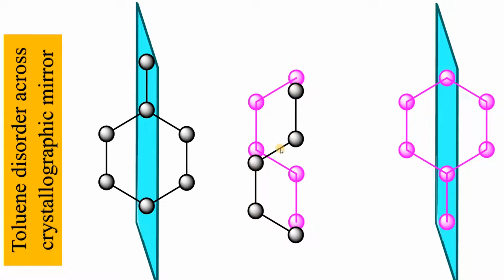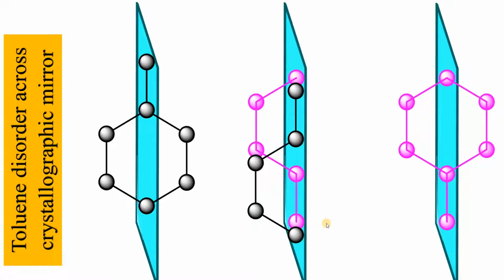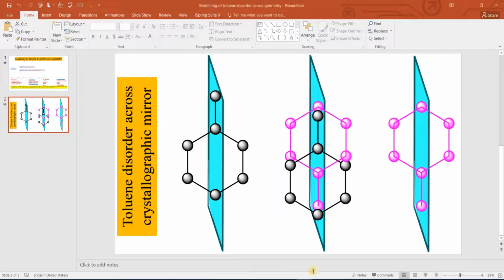And if there is a crystallographic mirror here, we are getting this type of situation in our present case. So the disorder is across the mirror, and only half the molecule is present in the asymmetric unit in two different orientations. So let's come back to the example and model the disorder.